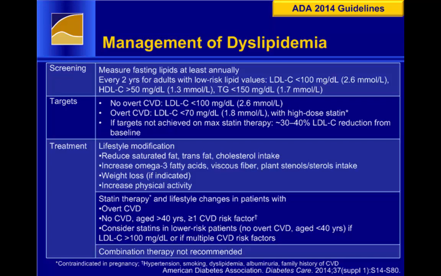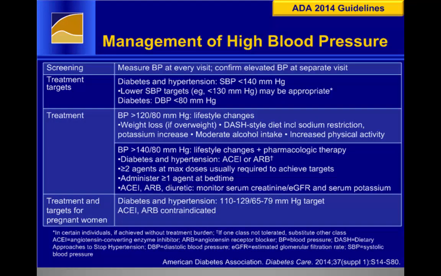Even though you would start lifestyle modification first, if this does not work, then you must start statins unless contraindicated. And the other exception that we already went through in the ATP3 guideline is to control hypertriglyceridemia if it is greater than 500, because it could lead to pancreatitis. Okay?